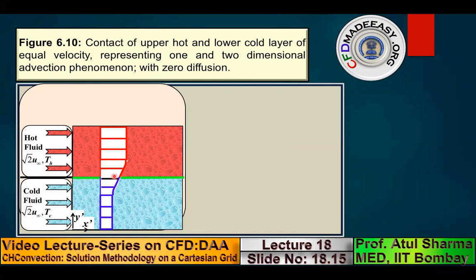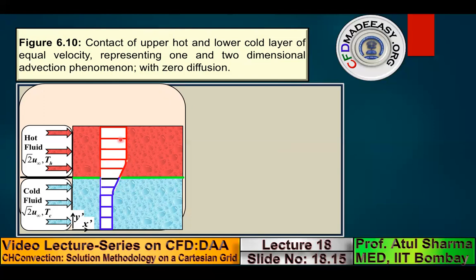These two streams meet on this line, and near this line the mixing will initiate, leading to a decrease in the temperature of the hot layer and an increase in the temperature of the cold layer. So this is a region where you observe a temperature gradient.